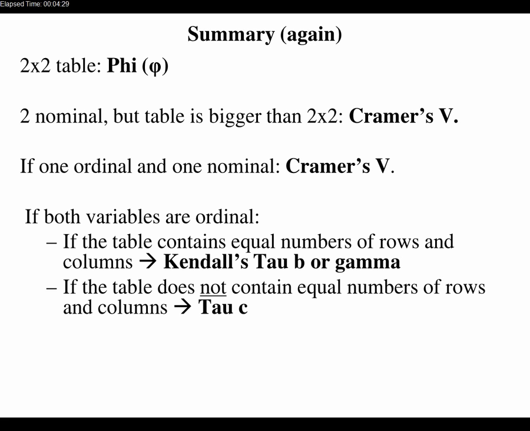And if the table does not contain equal numbers of rows and columns, we're going to run tau c. Okay, and gamma equals tau b, except tau b is more robust.